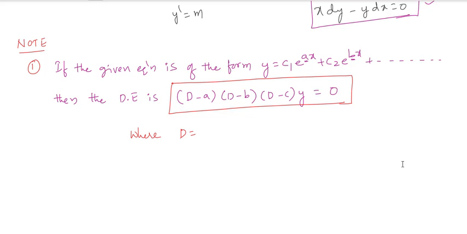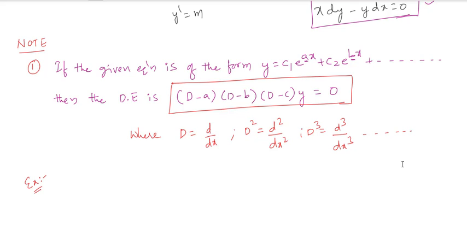Where D is nothing but d by dx, if x is the variable. Similarly, D square means d square by dx square. It depends upon the variables. Here I am just assuming x as a variable. So similarly, D cube means d cube by dx cube and so on. Like that you people have to do it. So in order to understand this, let me take an example.